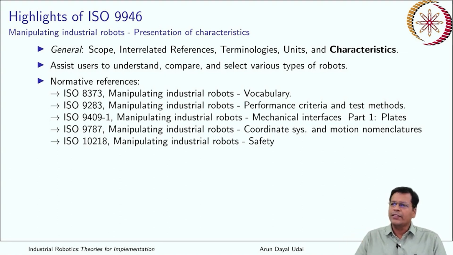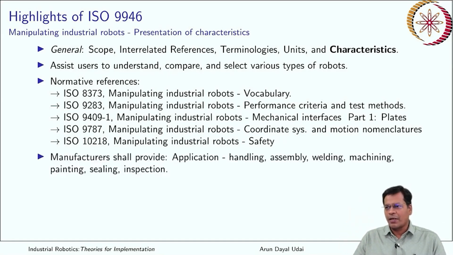This is ISO 10218, manipulating industrial robot safety. Safety is a subset of almost all the industrial standards. So that is mostly part of each and every chapter of any ISO standard. In each and every part of a technical manual you will find specific safety standards mentioned.